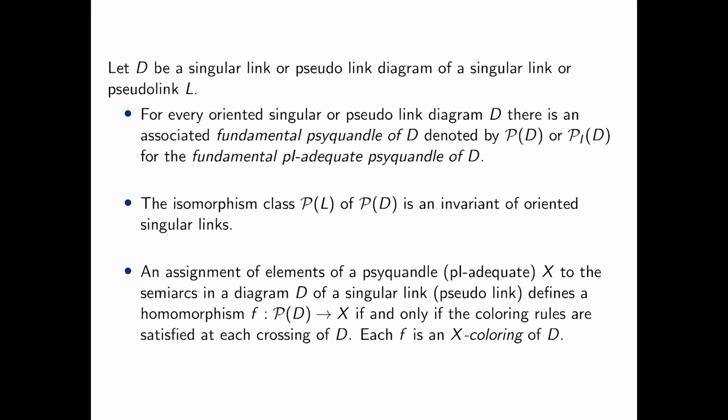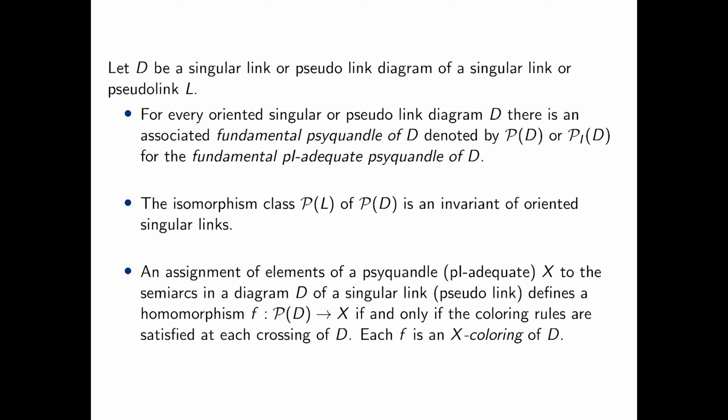This is denoted by P of D, or in the case when you have a P1 adequate Psyquandle, P subscript 1 or I of D. The fundamental Psyquandle of this diagram D is the quotient of the free Psyquandle on the set of semiarcs of your diagram by the equivalence relation generated by the relations determined by the crossings in the diagram.